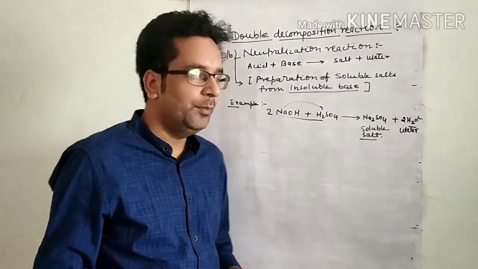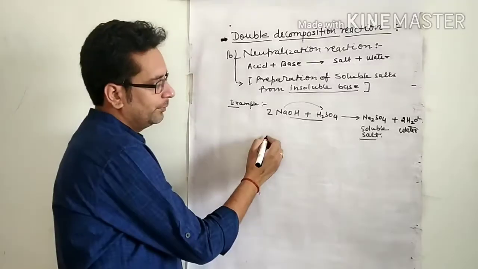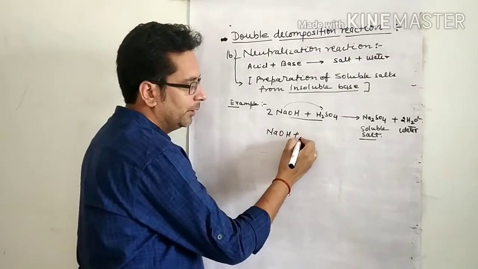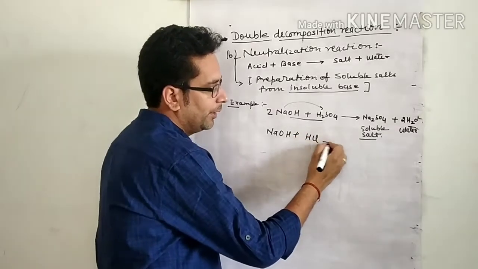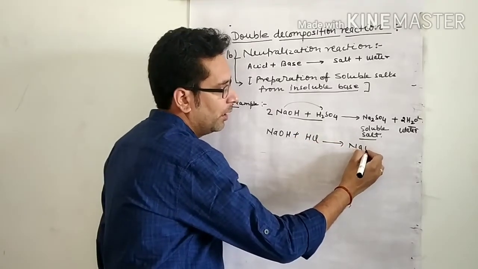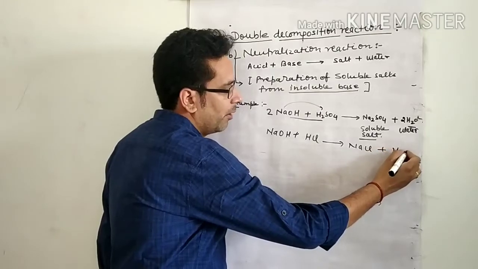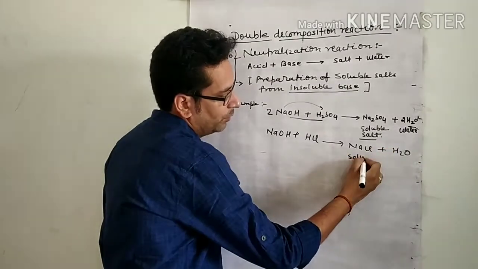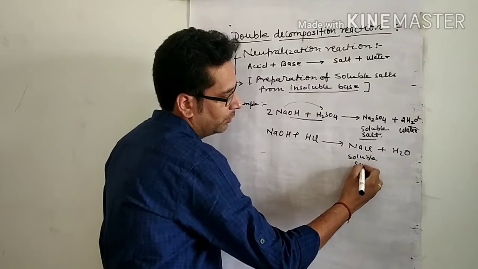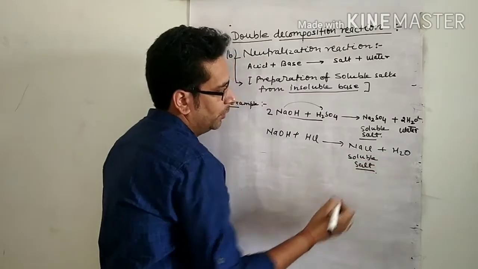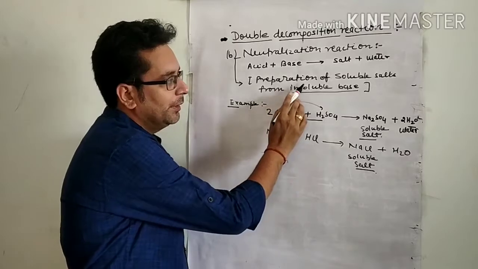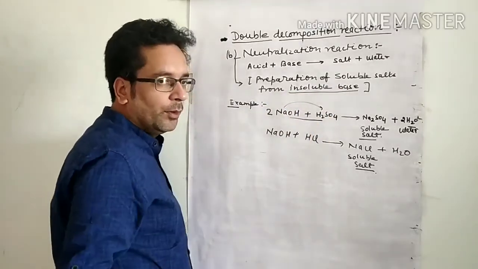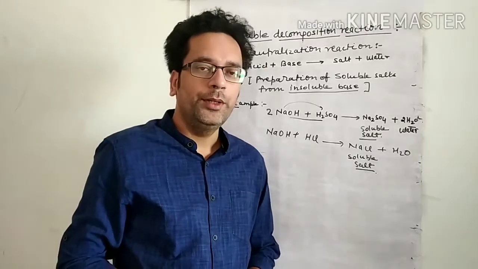Now one more example of neutralization reaction. Look here, NaOH reacts with HCl, then there is formation of NaCl and water. Now this is the soluble salt. Okay, now look here, preparation of soluble salt from insoluble base. All of you know very well what a base is.